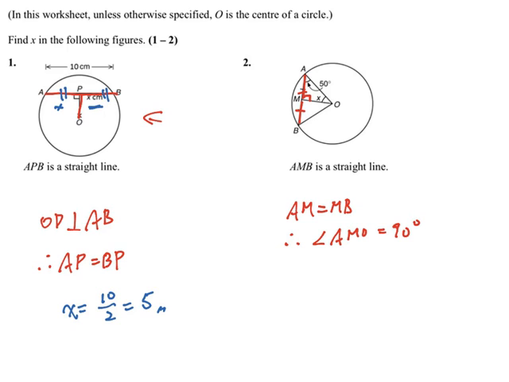How to find x? Actually, we'll consider this triangle. We know 50 here, and we know 90 here. Then we need to find x. So we can use the angle sum of triangle. So that means x plus 50 degrees plus 90 degrees equals 180. So use a calculator. X is 40 degrees.